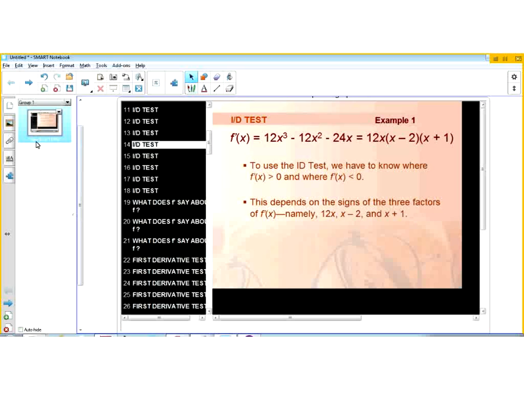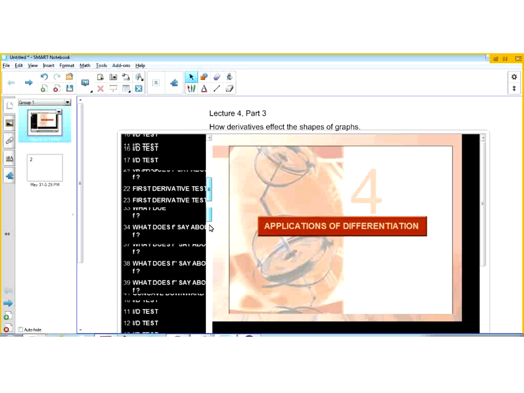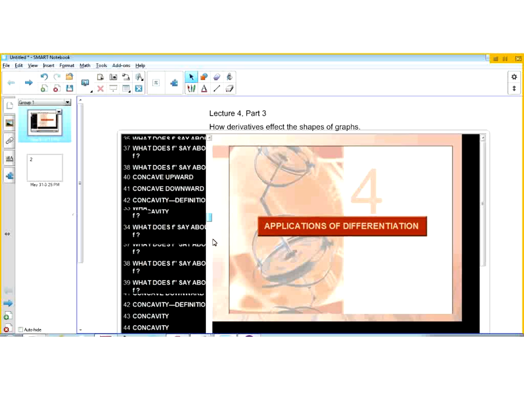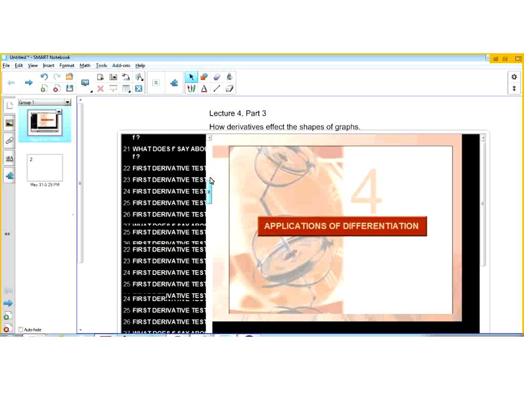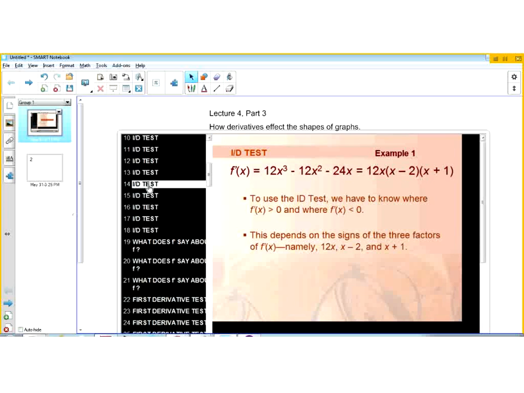So namely, we can use our table of signs. I think this, okay, so we have three factors, right? So there are three factors: 12x, x minus 2, and x plus 1.